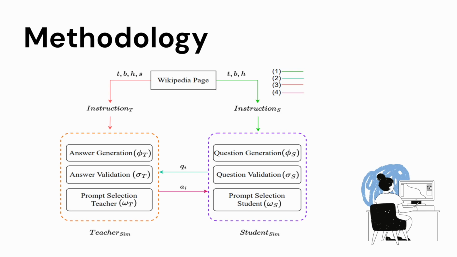The teacher LLM generates an answer based on the appropriate text spans, validates it, and sends it back to the student LLM. This iterative process of question generation and answer validation continues, ensuring both models work together to thoroughly explore the topic.